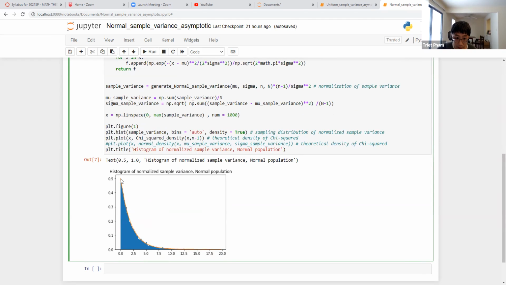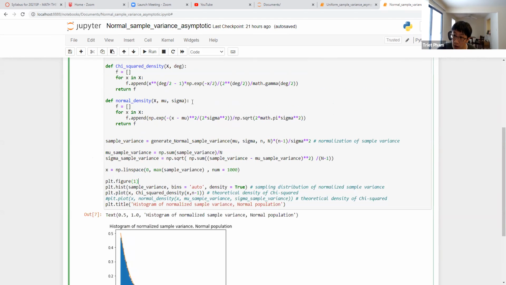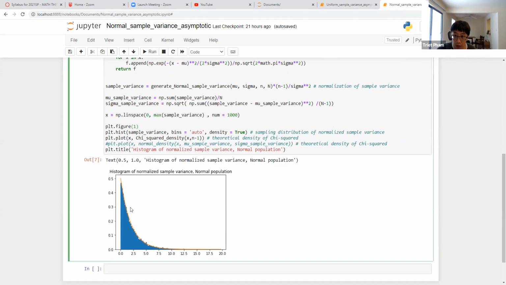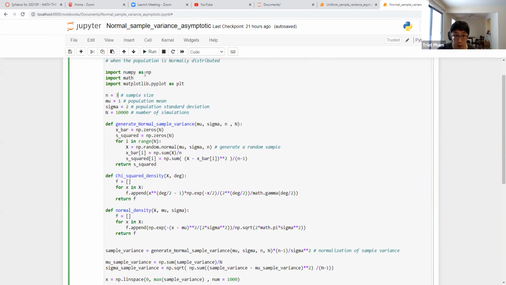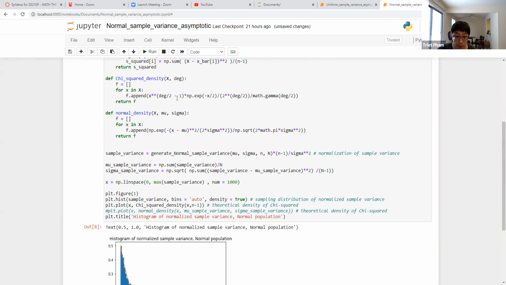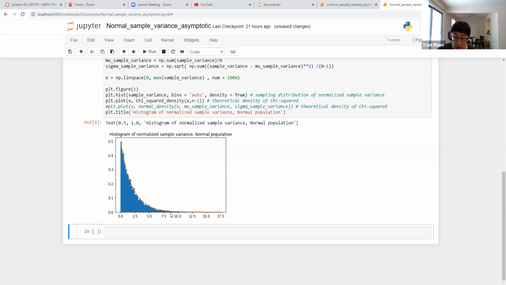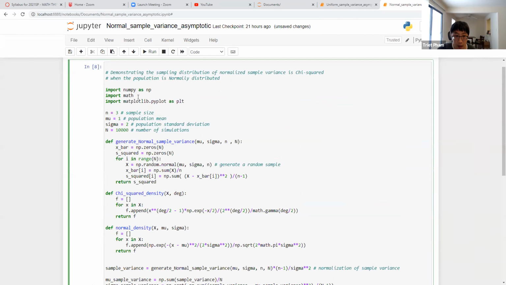And then, of course, I plot the density curve of the chi-square distribution. If the approximation result is correct, this should be close for any n. This is n equals 3. Let's run it. Notice the chi-square shape looks like this. Let's say n equals 10, sample size 10.